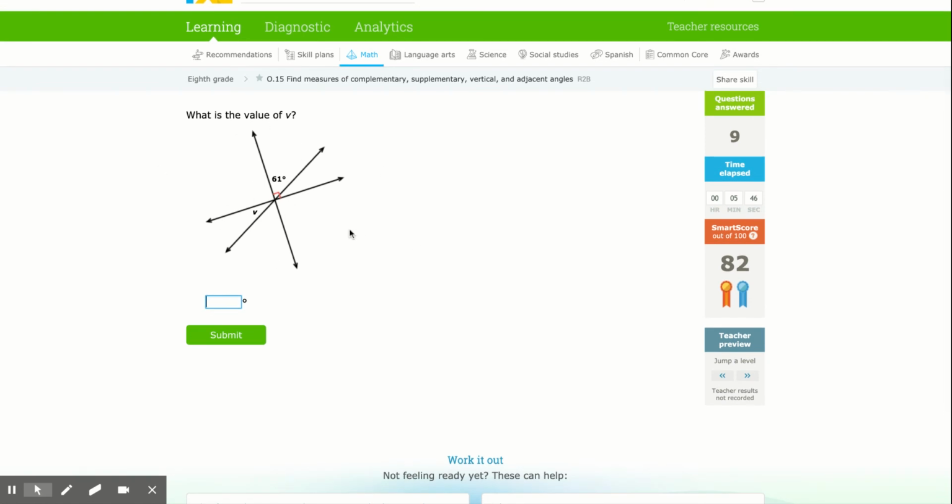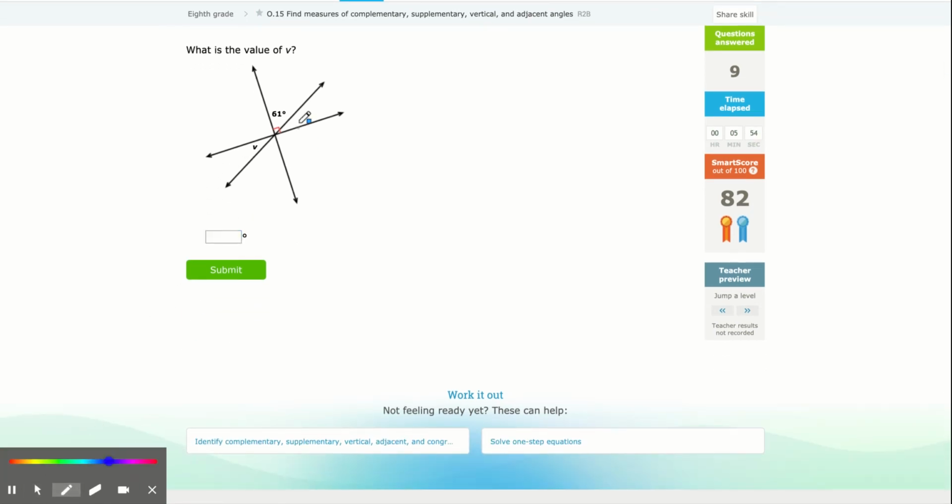Now we're on to multiple intersections. What is the value of V? Now, these are dealing with vertical angles. Vertical angles mean this angle here is congruent to this angle here. Because what I'm going to do is realize that these two angles are what's called adjacent angles, and they form a right angle.